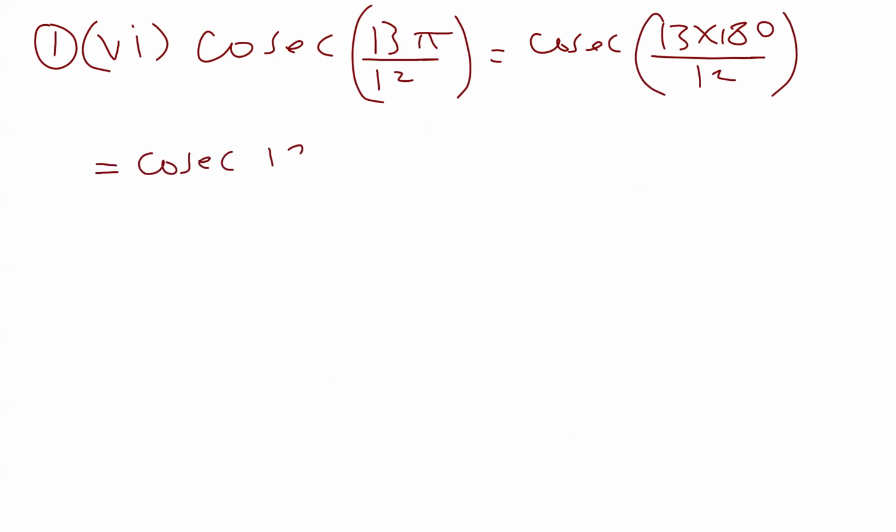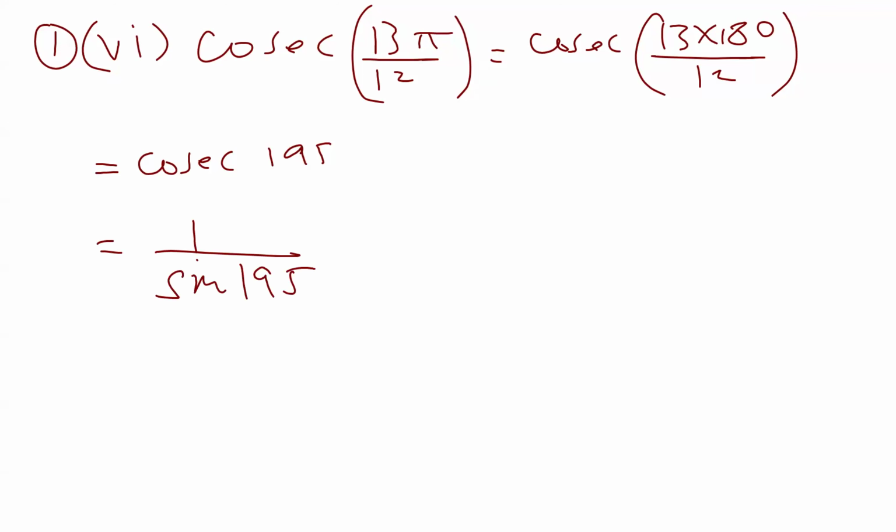I solved it and got 195. Now which trigonometric functions are we supposed to take? They have not given. So I think sine, cos, and tan is a better option. Always convert your problem into sine, cos, and tan. So this is 1 upon sine 195.